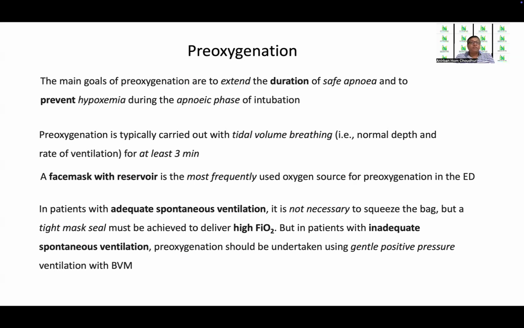A face mask with reservoir is the most frequently used oxygen source for pre-oxygenation in the emergency setting. In patients with adequate spontaneous ventilation, it is not necessary to squeeze the bag, but a tight seal must be achieved to deliver high FiO2.